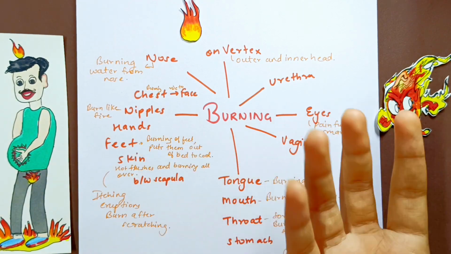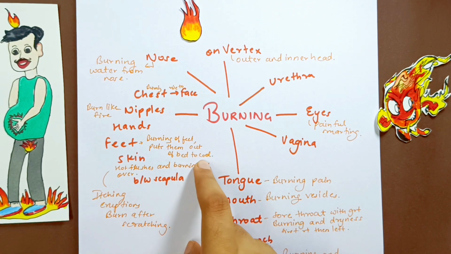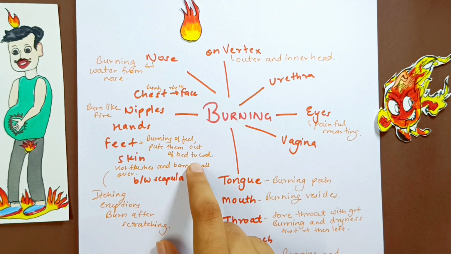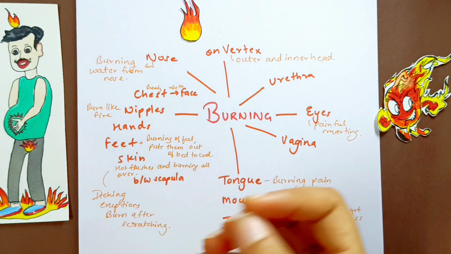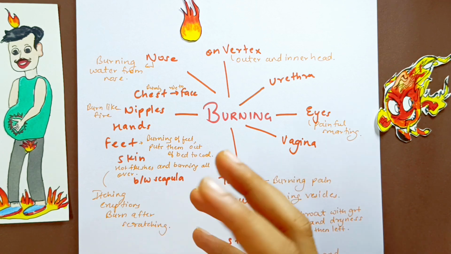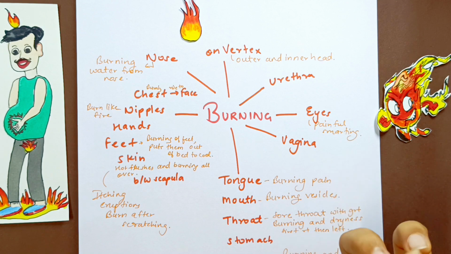There's burning in the hands, burning in the feet. So see, there is burning of the feet, and he puts them out of the bed to cool. Now, what does this mean? He puts them out of the bed to cool. There is a certain kind of warmth of the bed, so whenever you lie on a bed or mattress, you can feel some kind of warmth that the mattress or bed gives you.